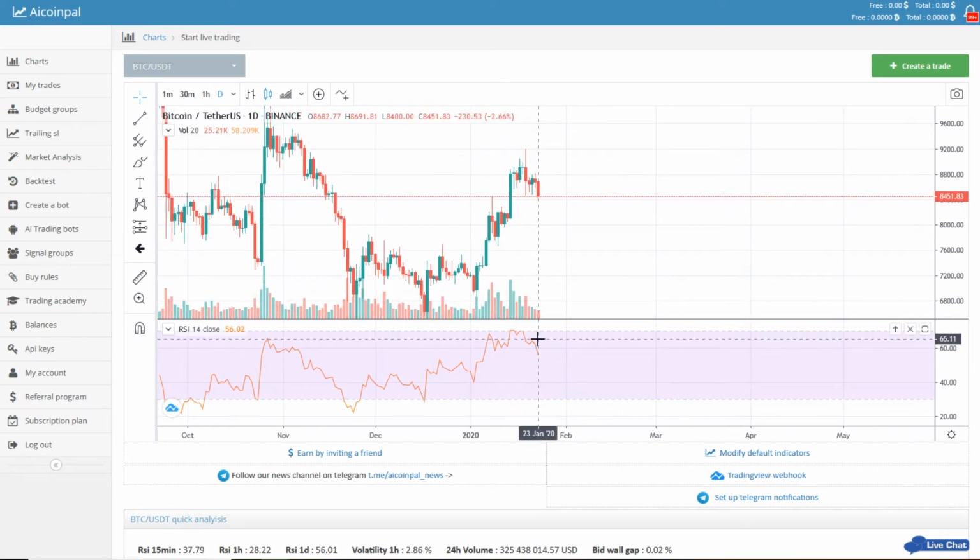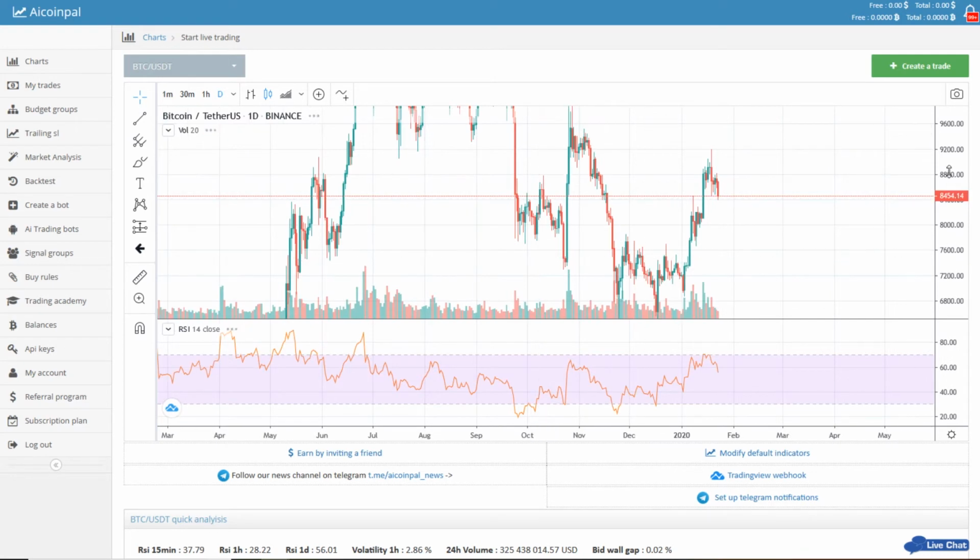On the 1-hour chart and 3-minute chart it's low, but on the daily chart it's really high. Here it hit against 70. Maybe it was a little bit more because of the wick, but everything that is high has a greater risk of falling down.